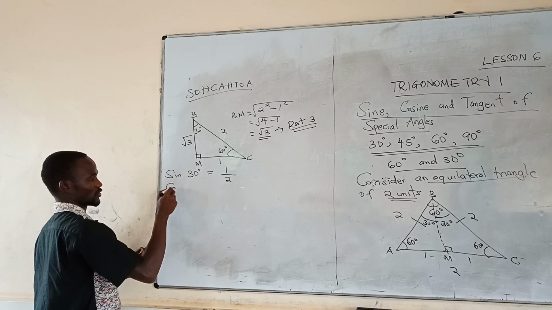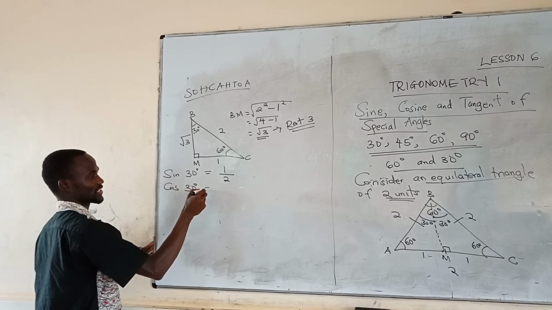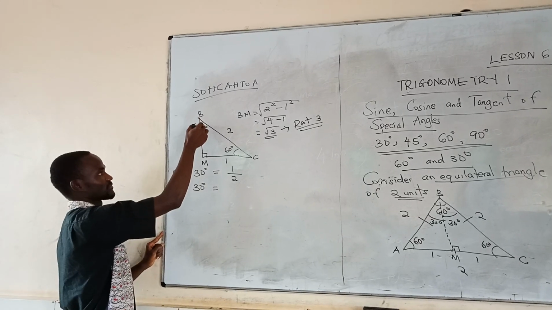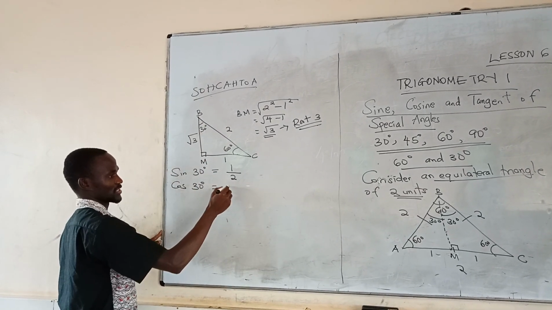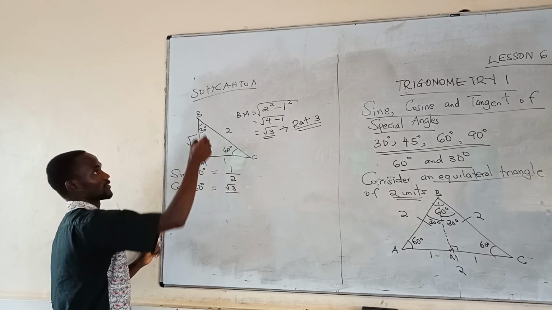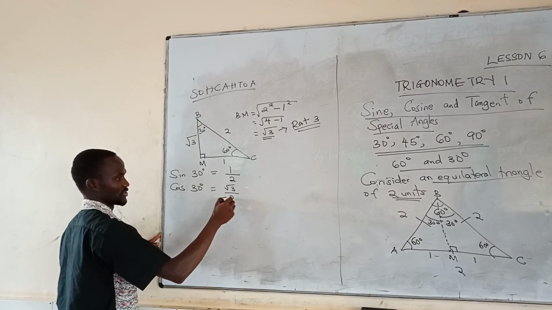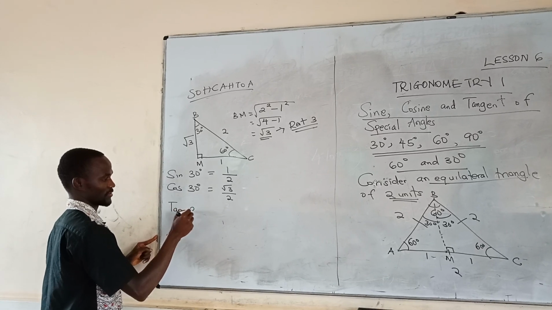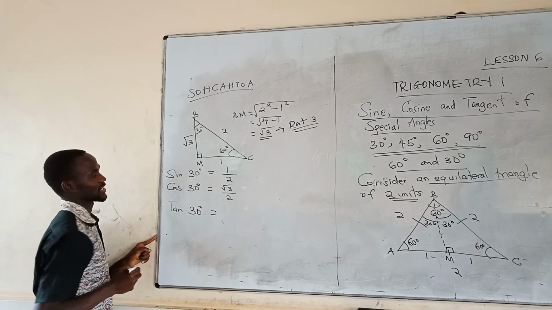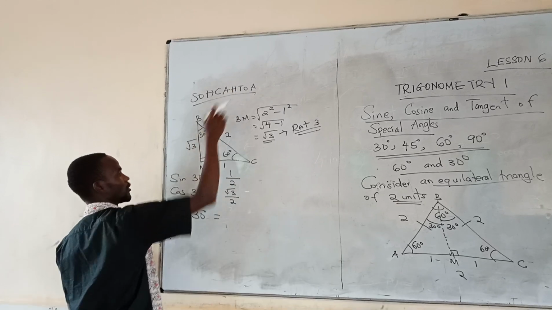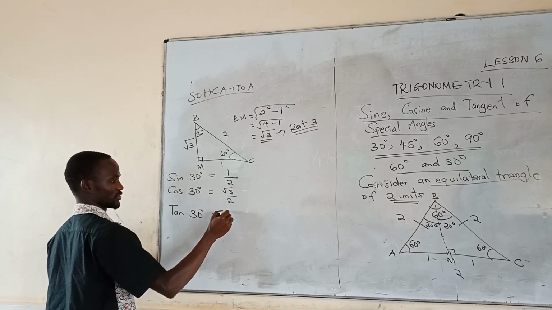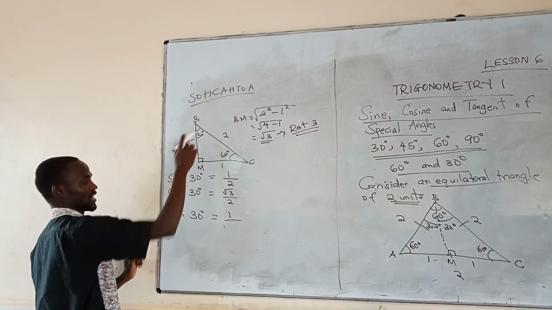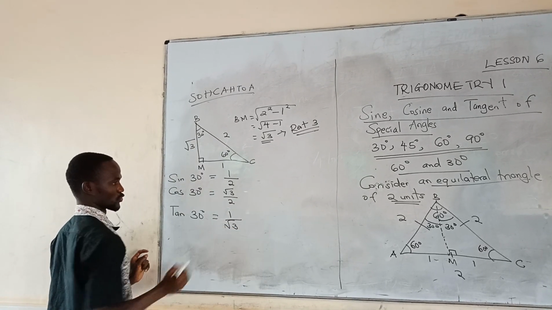Then cos 30 degrees is adjacent, which is root 3, over hypotenuse, which is 2. Then tan 30 degrees is opposite, which is 1, over adjacent, which is root 3.